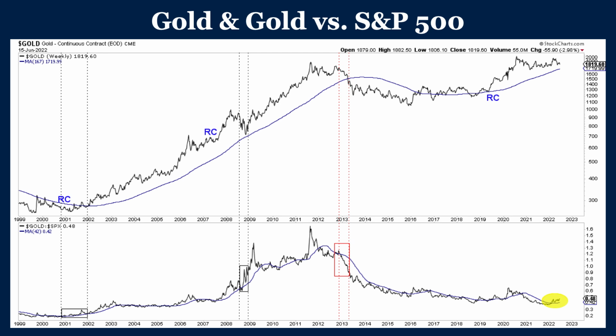Now, the opposite, 2013. Look at the end of 2012. We can see that at the very end of 2012, or the first week or two of 2013, gold against the S&P broke down, and it made a lower low. That happened 2 or 3 months before gold broke below 1570 or 1550, whatever it was, that level of support.